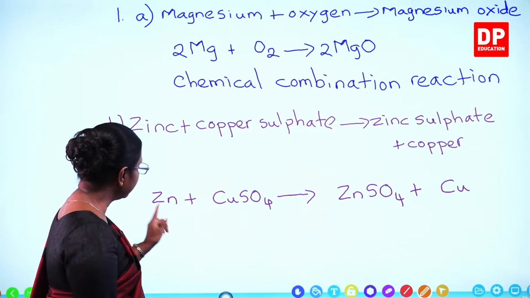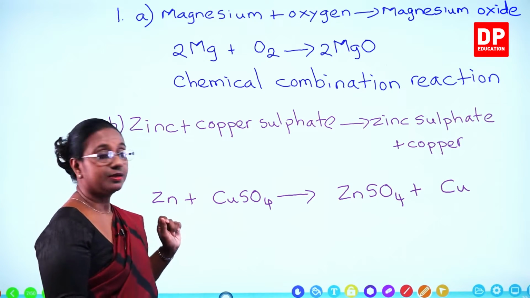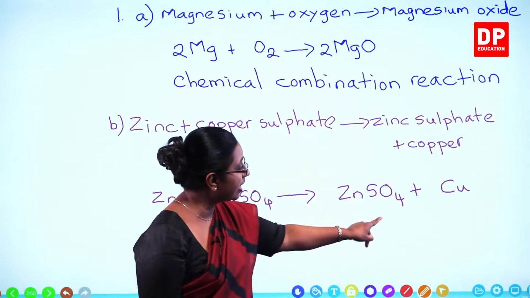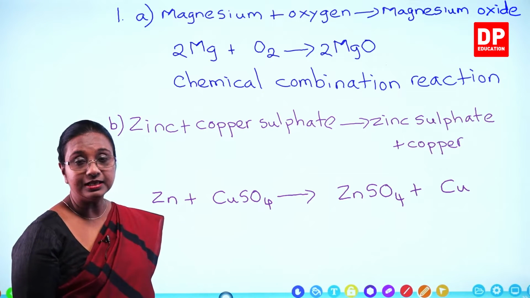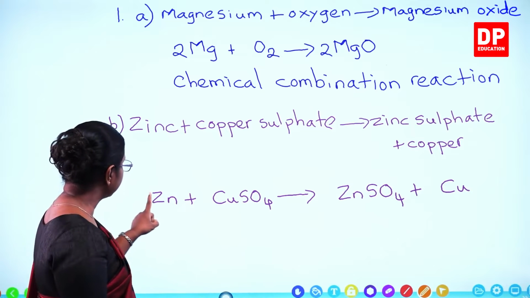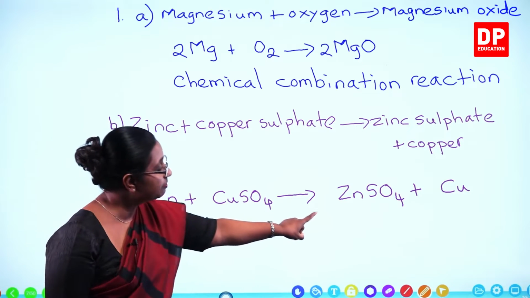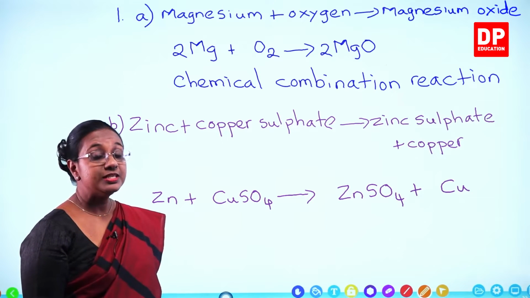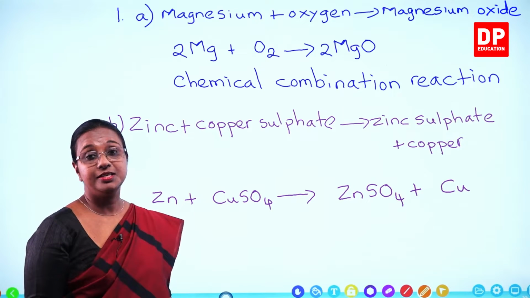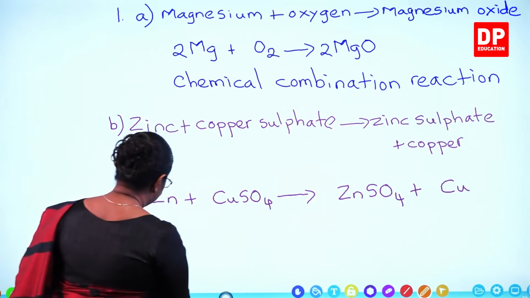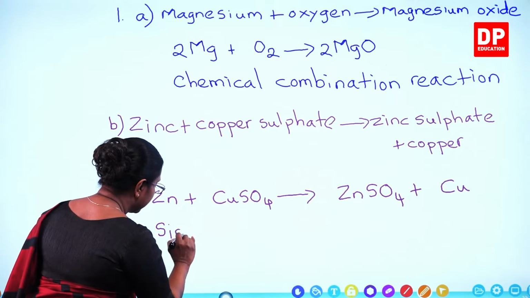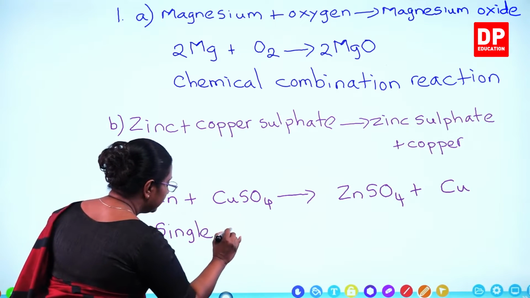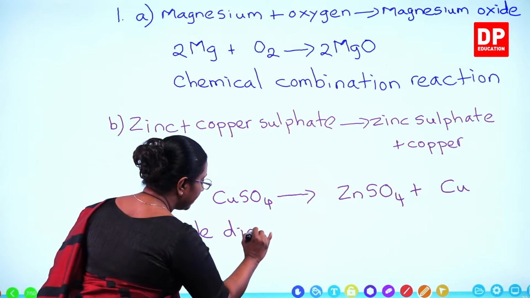Now there is 1 element and 1 compound giving rise to 1 compound and another element. You can see zinc has displaced what? Copper. So this is a single displacement reaction. You can identify this as a single displacement reaction.